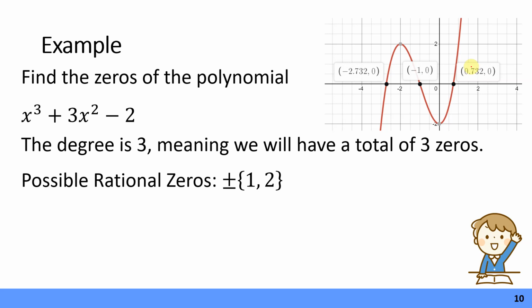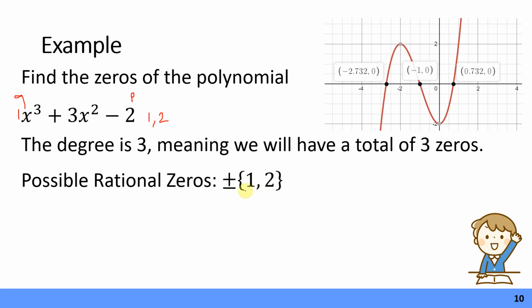So I come up with a list of possible rational zeros. But here's the issue. If you don't remember how we did that, remember it's p's over q's. So it's the factors of 2, which is 1 and 2, over the factors of 1. The factors of 1 are just 1.